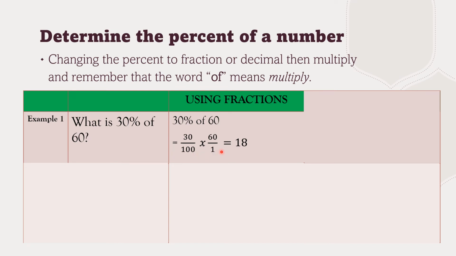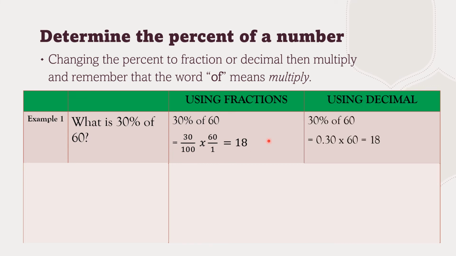So that will become 18, since 30 times 60 is 1,800 divided by 100 is 18. How about using decimal? So 30% will convert into decimal, so that will become 30 hundredths. So 30 hundredths times 60 is still equal to 18.